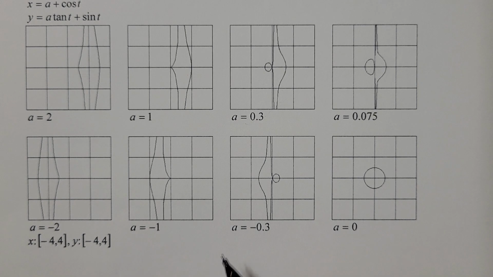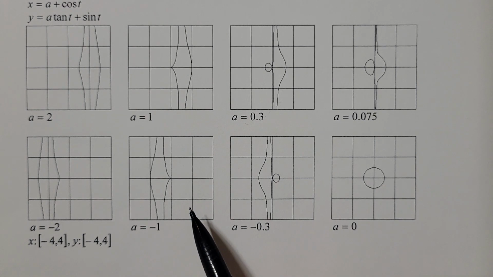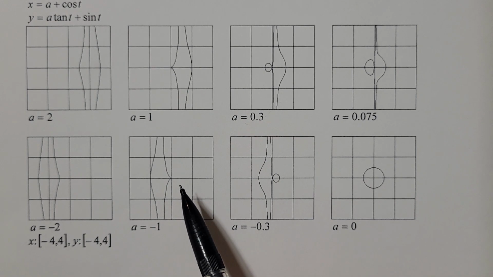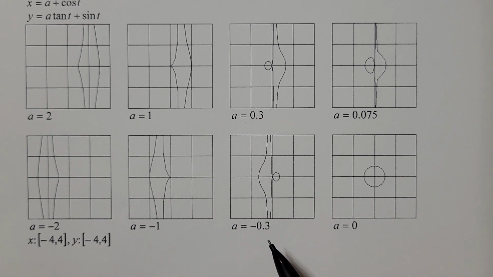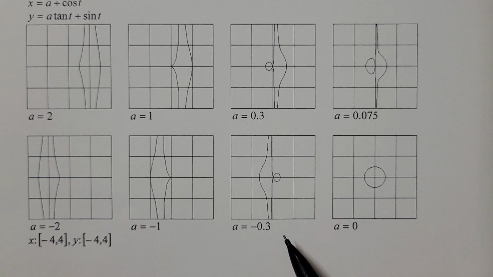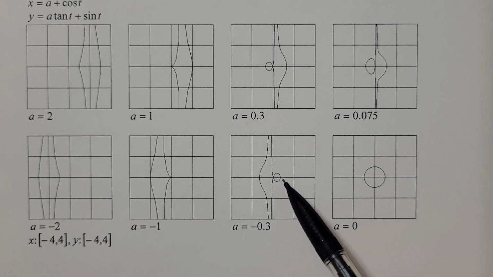When we reach -1, the right branch is going to acquire a sharp turn, called the cusp. And then if A is some number between -1 and 0, the cusp is going to turn into a loop.